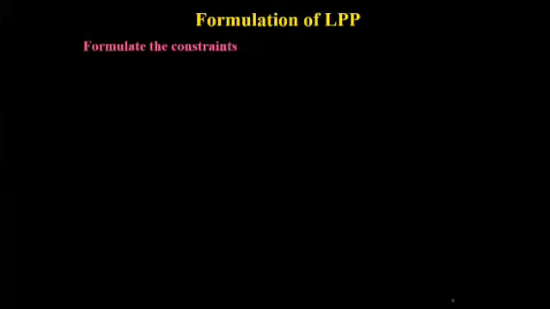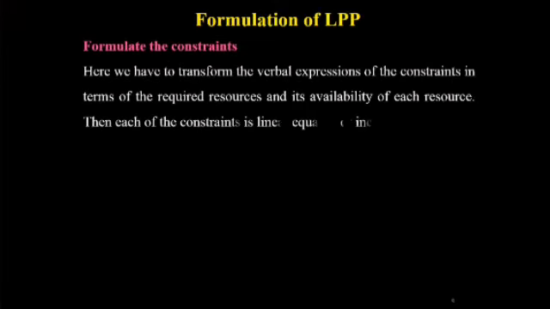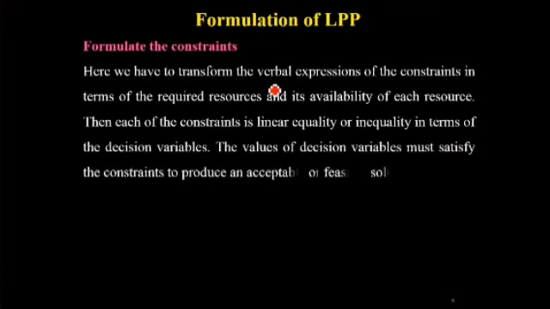Next thing is to formulate the constraints. Whatever the situation or system is, from there we have to formulate the constraints. That is very important. Here we have to transform the verbal expressions, whatever expressions or conditions we have, into constraints, in terms of required resources and the availability of each resource.